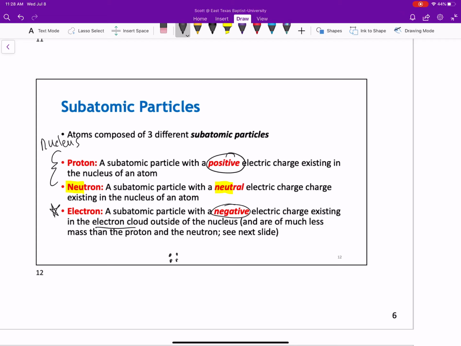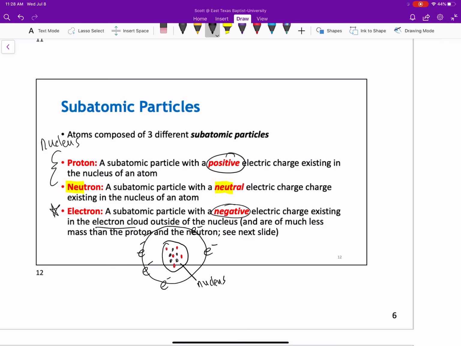So you have protons, and you might have neutrons, which are neutral, which gives your nucleus a positive charge. So we'll call this the nucleus. Okay, and then outside the nucleus would be your electron cloud. We'll just denote that as an e minus.